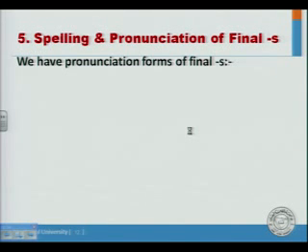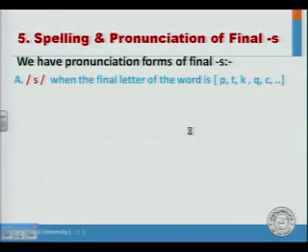The letter S, when it comes after a verb or a noun, has three pronunciation forms. Keep this in mind. First, we keep it as it is when S comes after P, T, K, Q, C. Here the pronunciation of the letter S is like the Arabic letter sin.